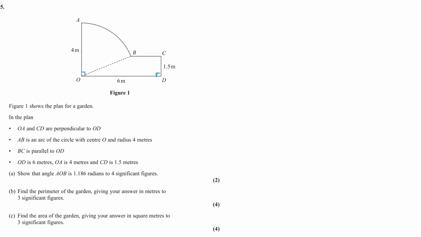AB is an arc of the circle, center O, radius 4, so that's 4. BC is parallel to OD, so these are parallel. OD is 6 meters. OA is 4 meters and CD is 1.5 meters.